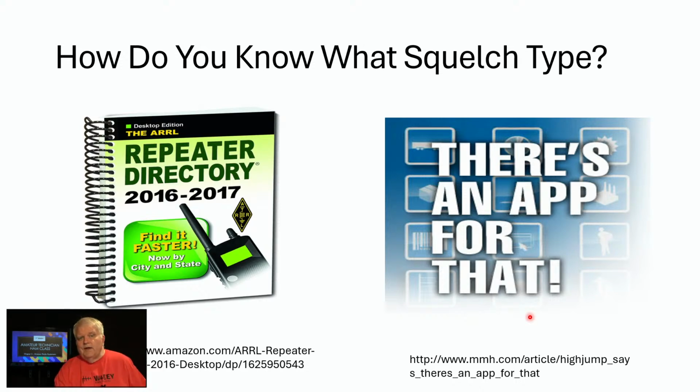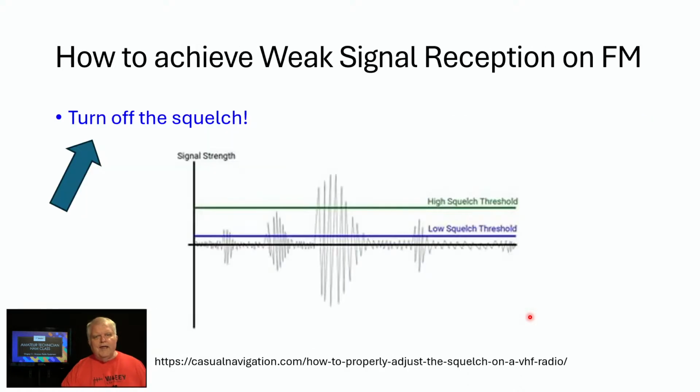So if you want to receive a very weak signal on FM, if you know that your buddy is going to be calling you on a simplex frequency, let's say not on a repeater, just on one frequency, and you want to hear that very weak signal, what you have to do is turn the squelch off.